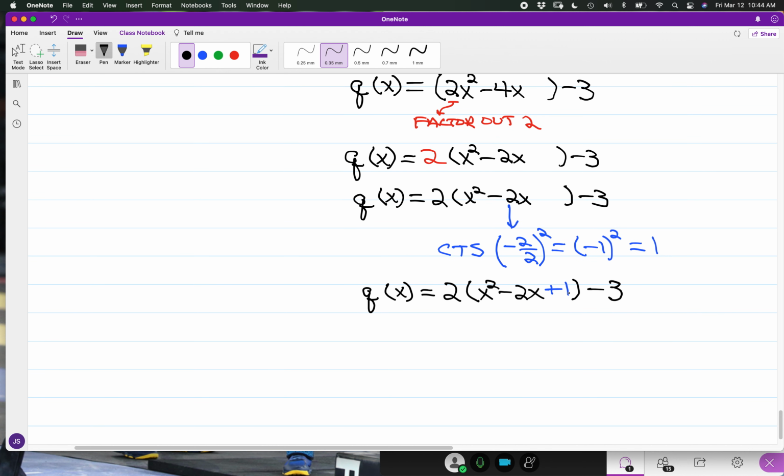So to offset the imbalance that is created, notice as I'm completing the square in this fashion, what I'm doing in effect is that at the front, I'm not just adding 1, instead I am adding 2 times 1, which is going to be 2. So overriding the surplus that is created, I'm going to have to, at the back, take away 2.